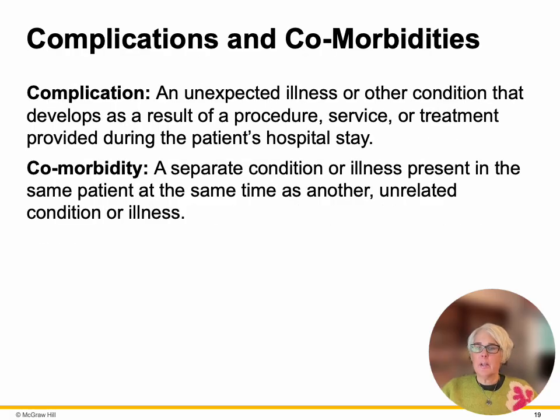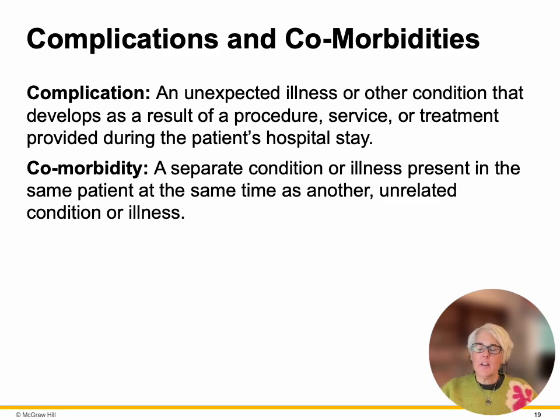Complications and comorbidities are the supporting cast around the principal diagnosis. A complication is a problem that develops during the hospital stay, often related to treatment or a procedure, for example, bleeding after surgery. A comorbidity is an existing condition like diabetes or heart failure that is not the main reason for the admission but still impacts care, length of stay, or resource use.